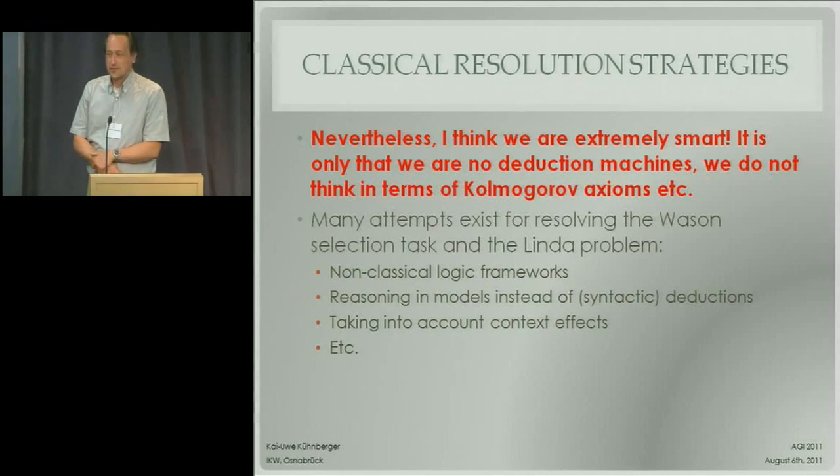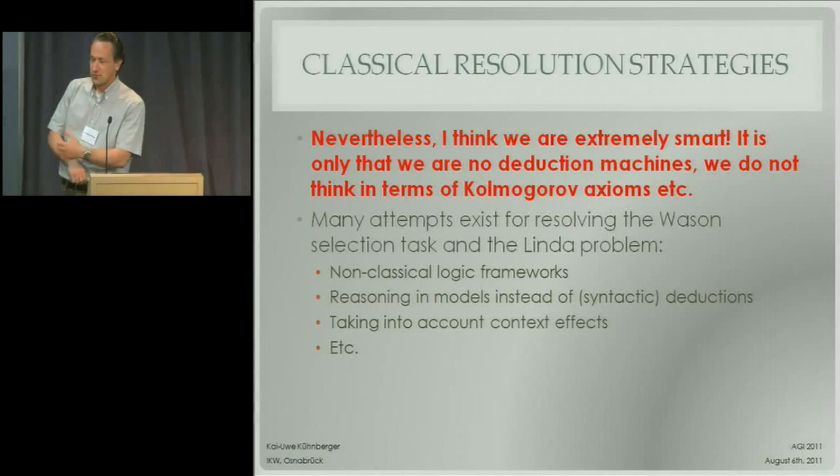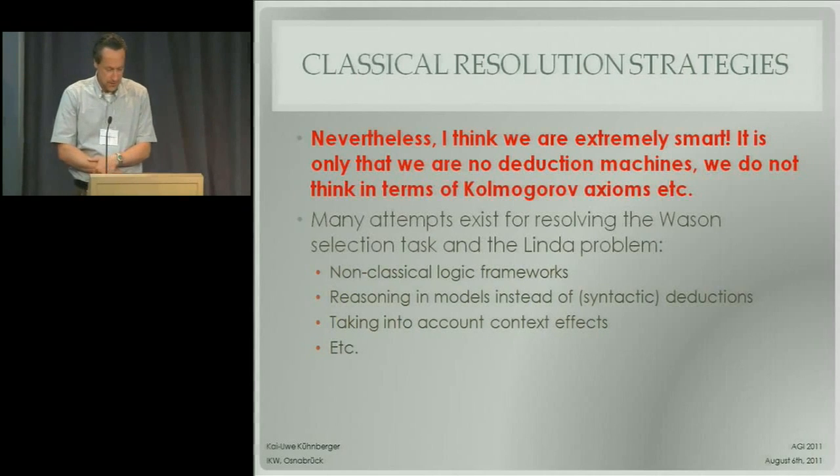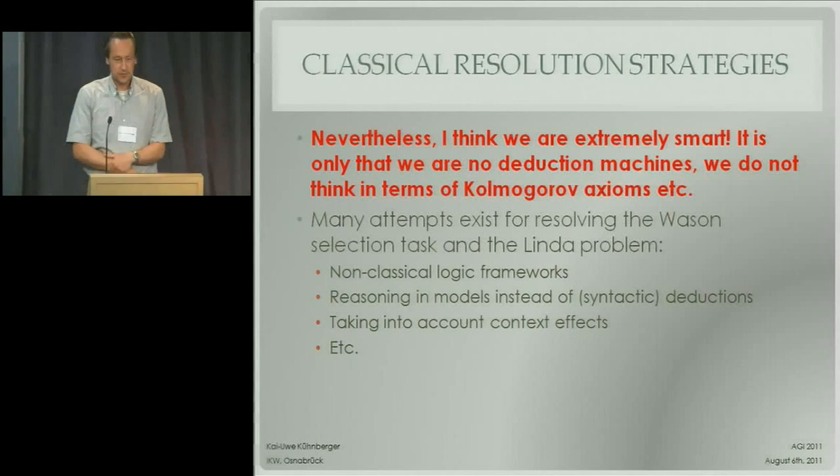I think that subjects, and we all as human beings, are extremely smart. It is only that we are no deduction machines, and we do not think exclusively in terms of classical logic or Kolmogorov axioms. We have other strategies as well to address these problems.